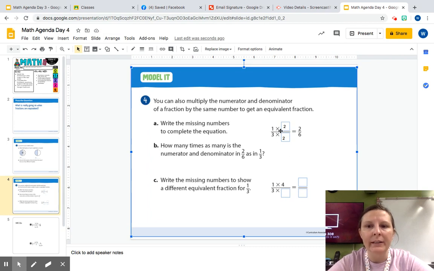So 1 times 2 equals 2. 3 times 2 equals 6, okay? That's one way to find an equivalent fraction. So next, how many times as many is the numerator and denominator in 2/6 as in 1/3? So it is how many times as many?